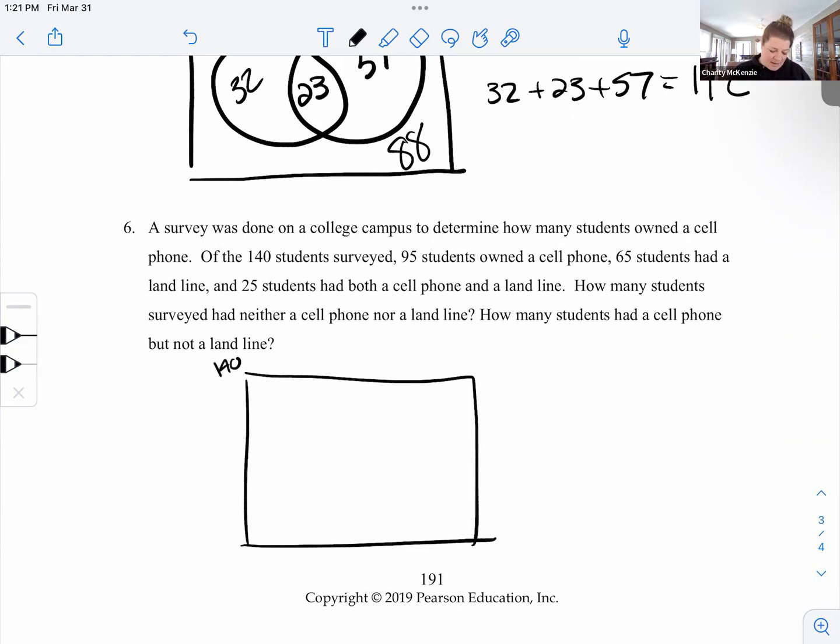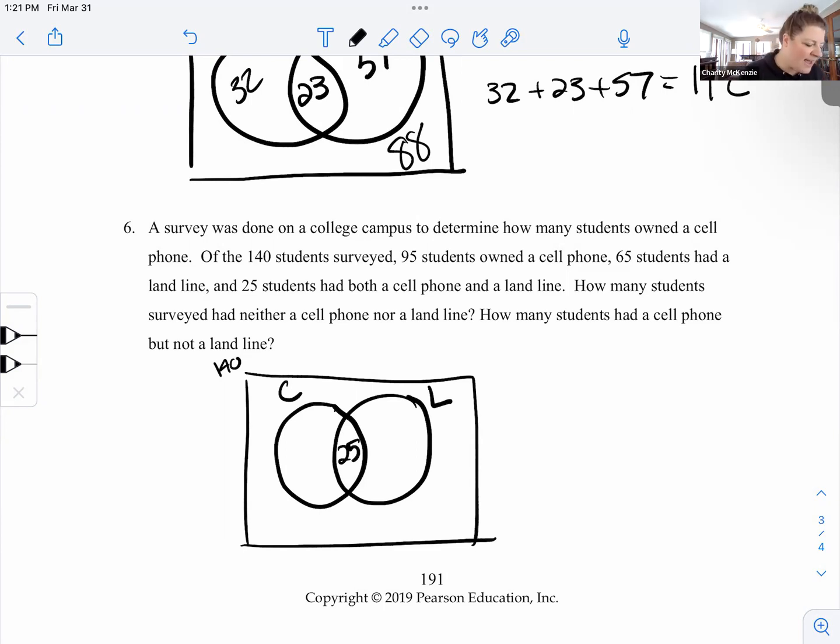And we have cell and we have landline. And we had 65 students had a landline, 25 had both. So we do have the middle again on this one. And 95. So we're going to take our 95 cell phone and minus off that 25 in the middle, and I'm going to get 70 only had a cell phone and not a landline.